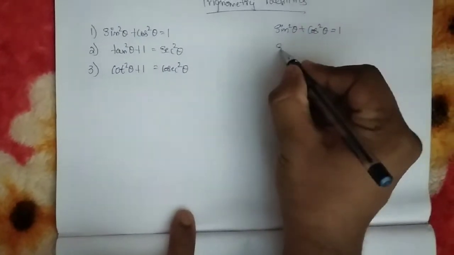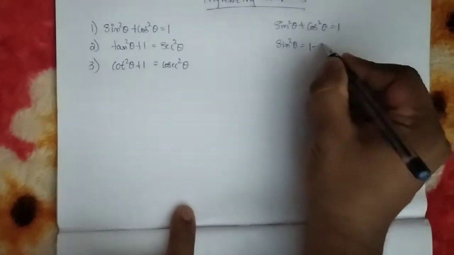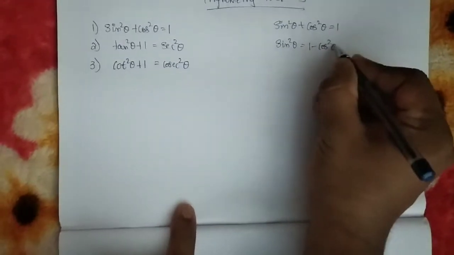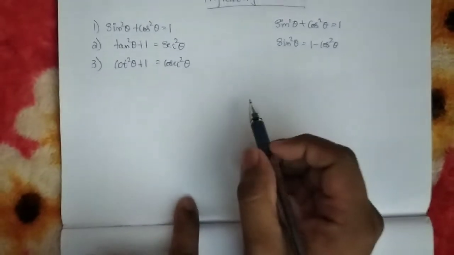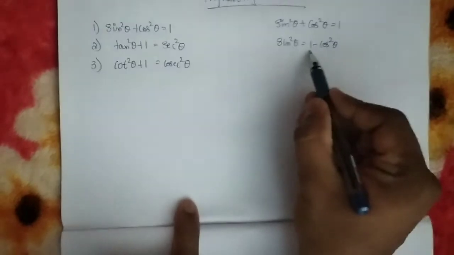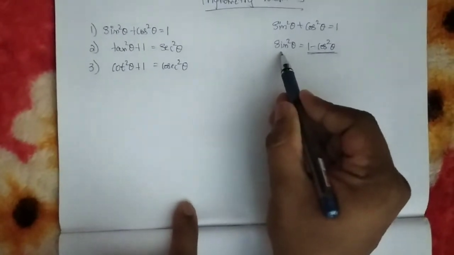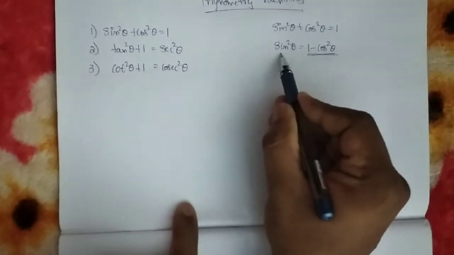So what it becomes: sine square theta is equal to 1 minus cos square theta. So whenever, while solving the sums based on trigonometry, if you are having 1 minus cos square theta, you can easily write it as sine square theta if it is necessary.